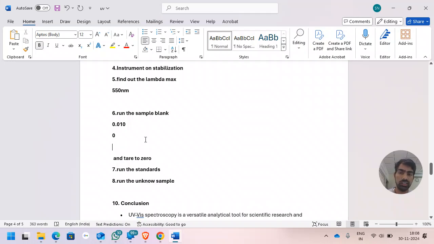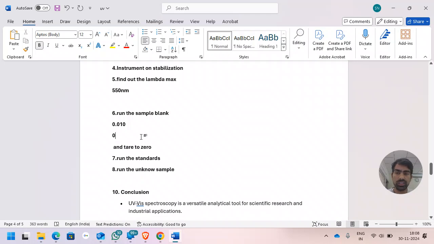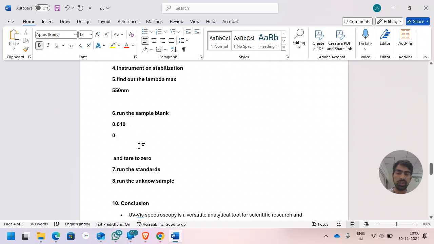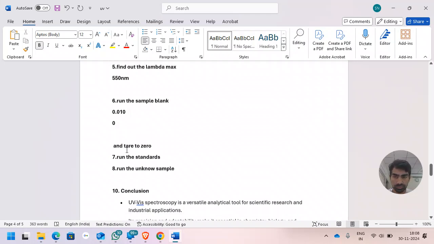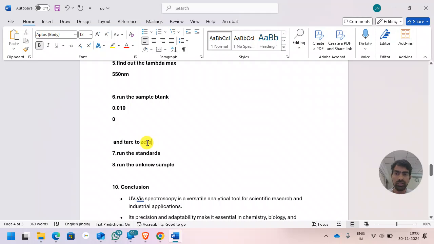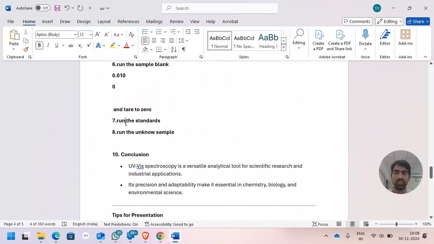When we tare the water absorbance to zero, then we can find out the actual absorbance value of the KMnO4 color. Then we run the 5 standards, and then we run the unknown sample. We note the absorbance of the standards also.